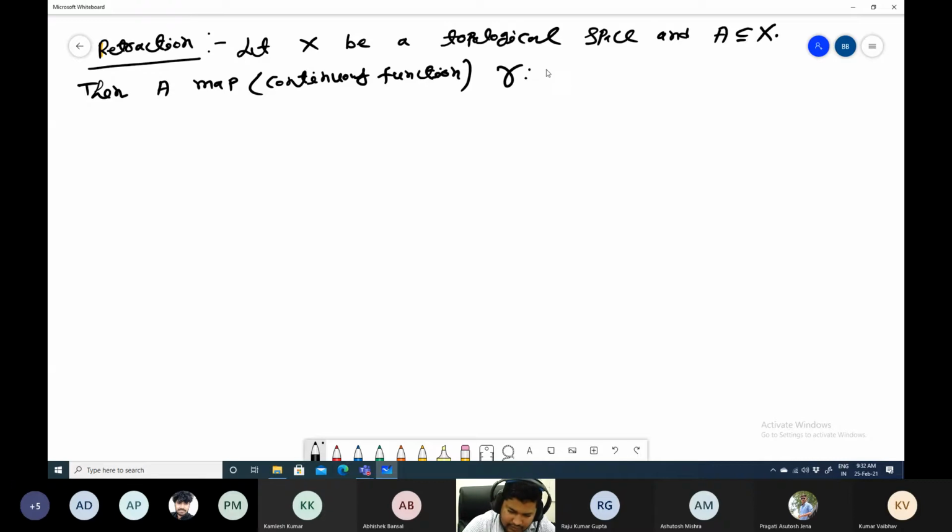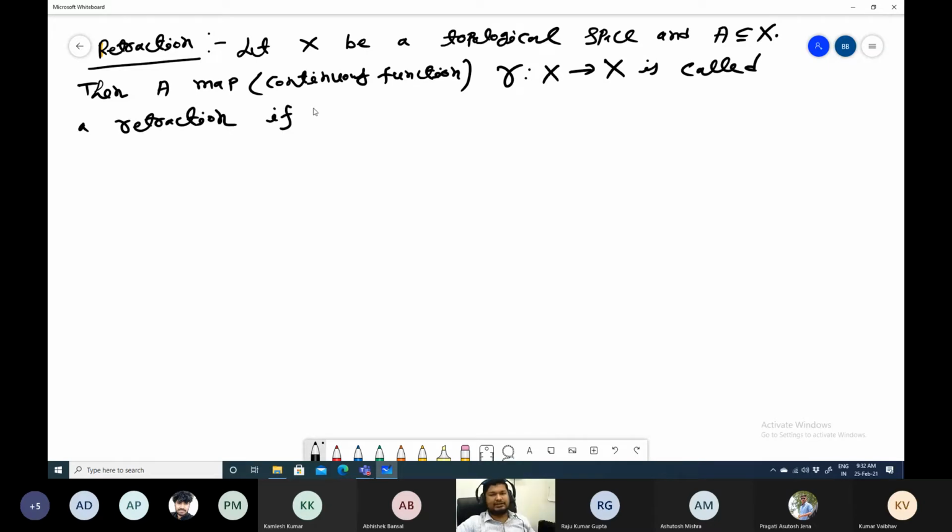Now a map R from X to X is called a retraction if R satisfies the two following properties.